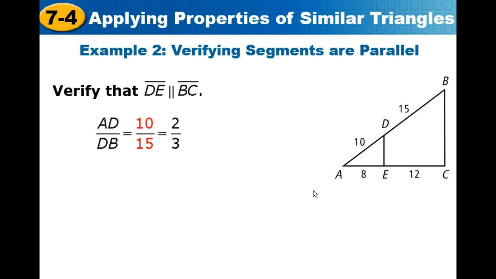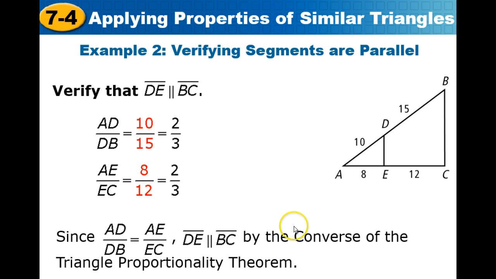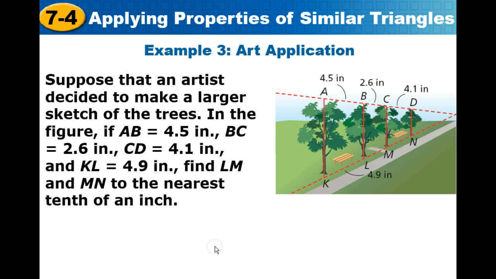This time we're going to take 10 over 15, which gives us 2/3, and 8 over 12, which also gives us 2/3, showing that these two ratios are equal. It means that the sides are in fact proportional to each other, and we can say because of the converse of the triangle proportionality theorem, DE is parallel to BC.